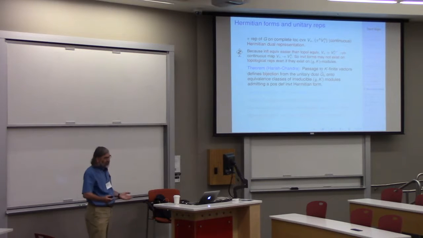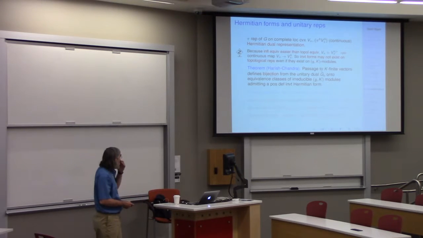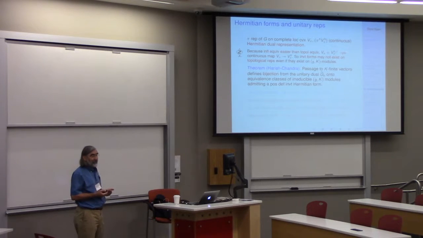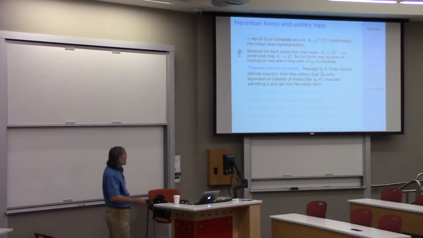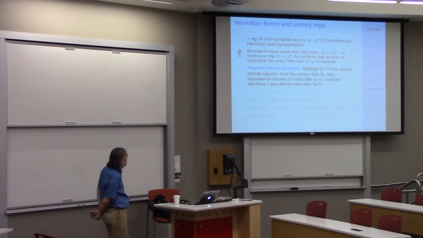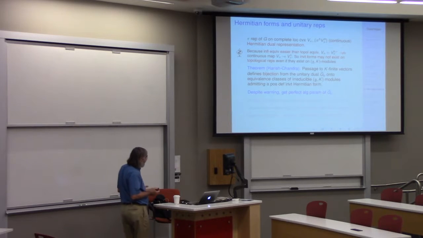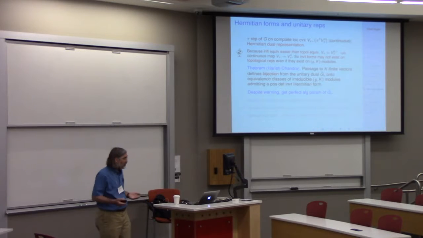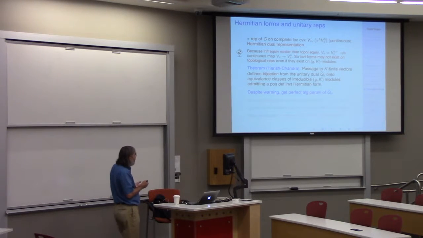So there's a theorem of Harish-Chandra that says it's all okay: taking K-finite vectors makes a bijection from the unitary dual of G onto irreducible Harish-Chandra modules that have a positive definite invariant form. So because of this theorem, it's okay to study just Harish-Chandra modules.